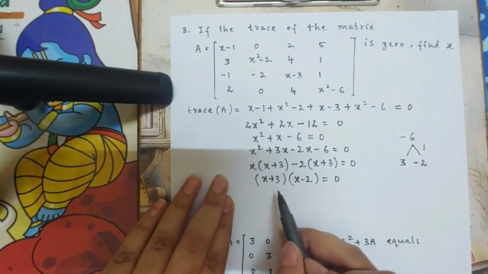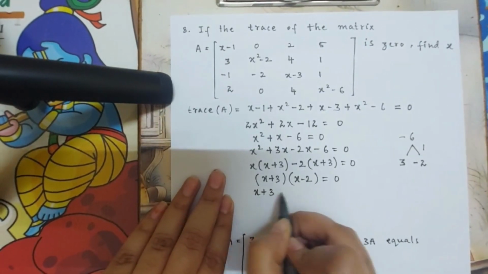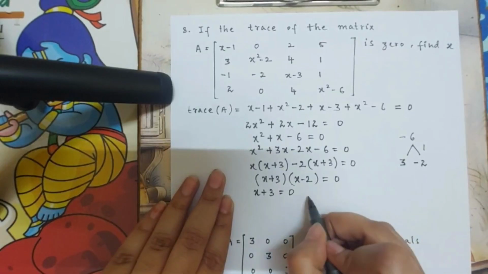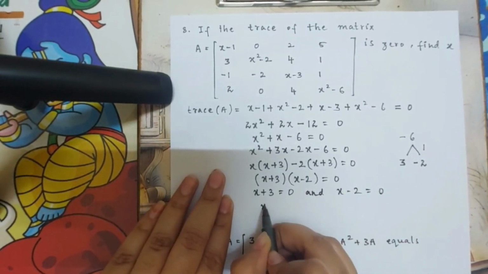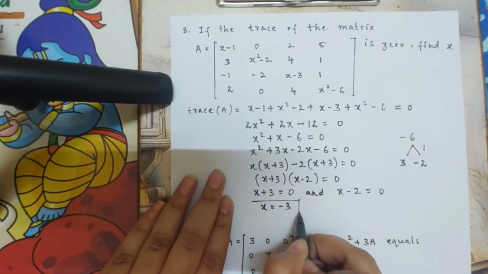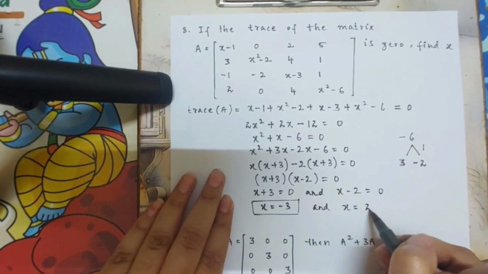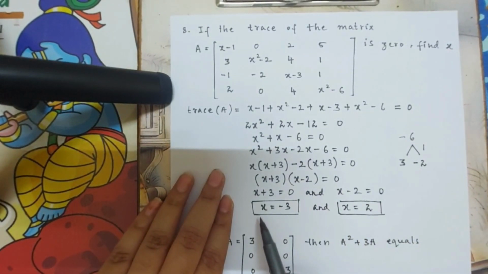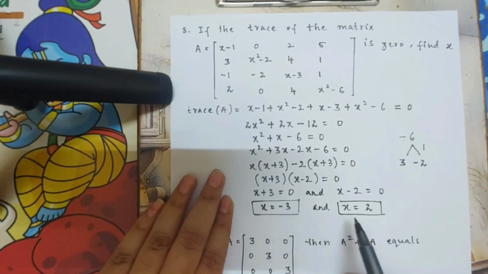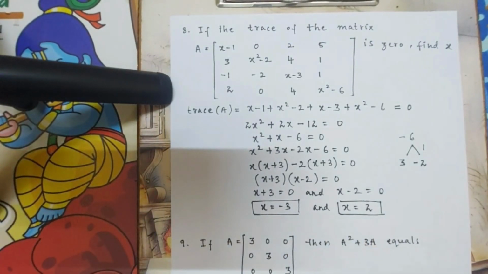So I'll be equating both the terms to zero, that is x plus 3 equal to 0 and x minus 2 equal to 0. So x is equal to minus 3 and x is equal to 2. So the value of x is minus 3, or the value of x can also be equal to 2. Now let us move on to the next question.